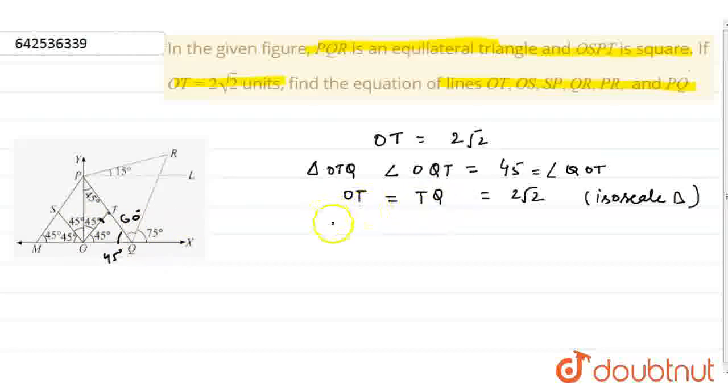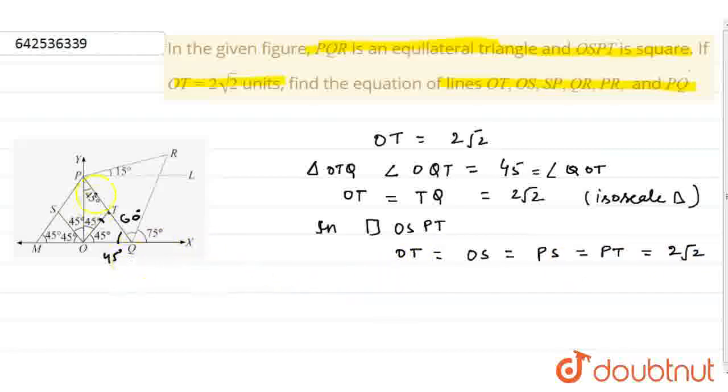Or we can see now the square OSPT. So all sides are equal and we have one edge of this square. So we can see this OT is equal to OS is equal to PS is equal to PT is equal to 2 root 2, right?